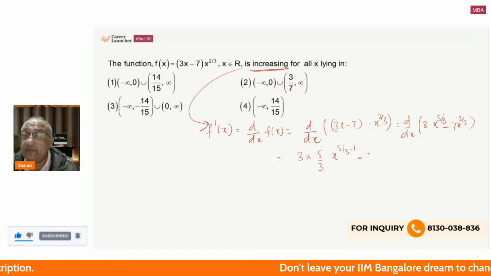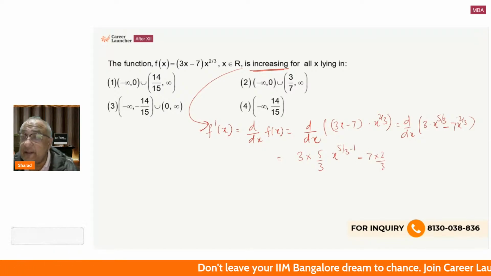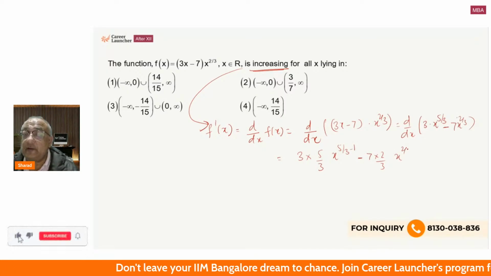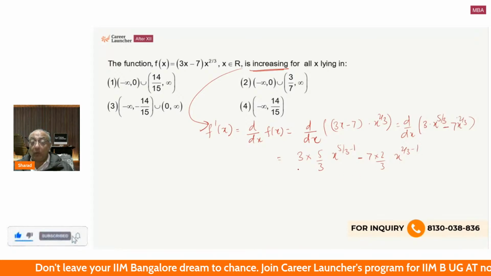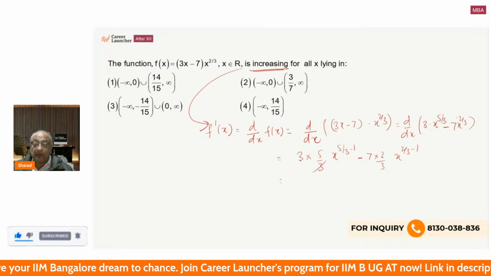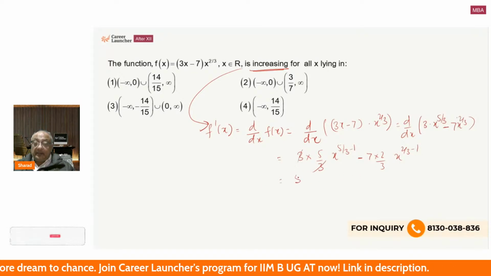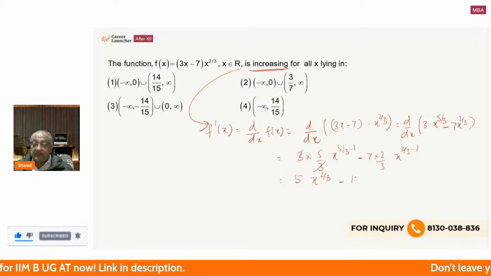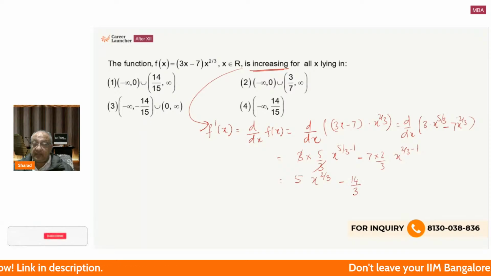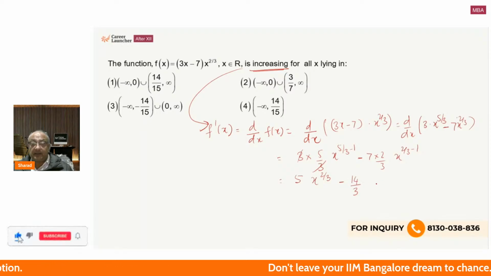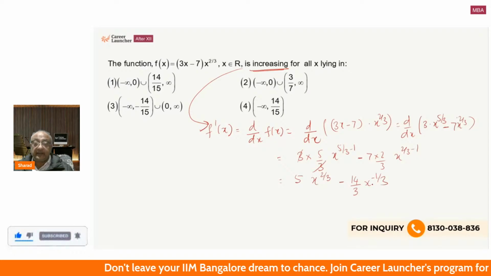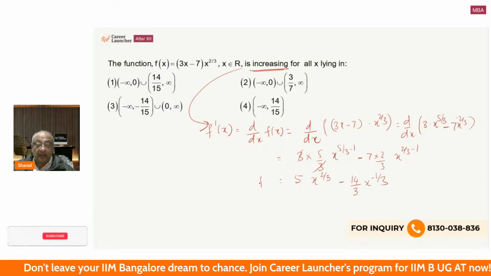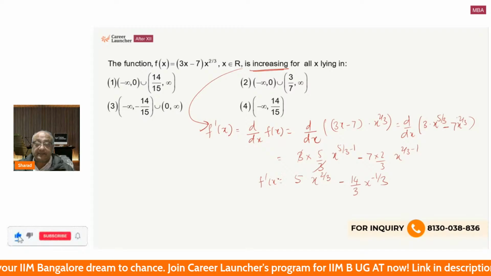And what do we have here? 7 into 2 by 3, x raised to the power 2 by 3 minus 1. Oh, minus 1, negative ho gaya. Okay, no problem. This is 5 times x raised to the power 2 by 3 minus 14 by 3 times x raised to the power minus 1 by 3. This is what? F dash x.